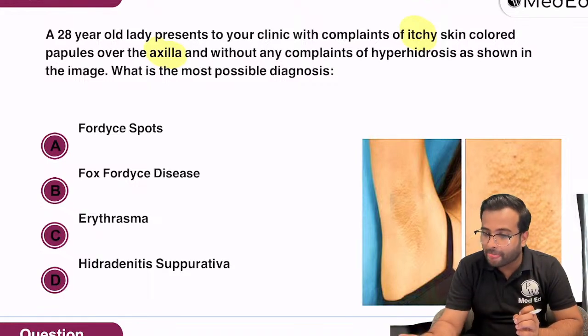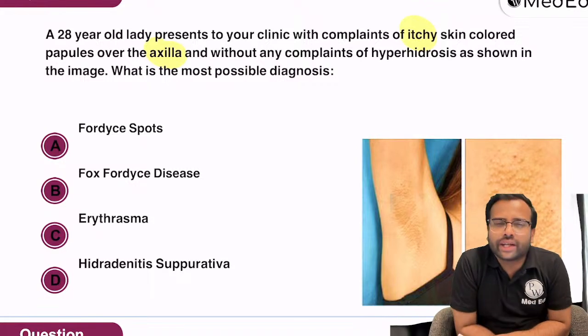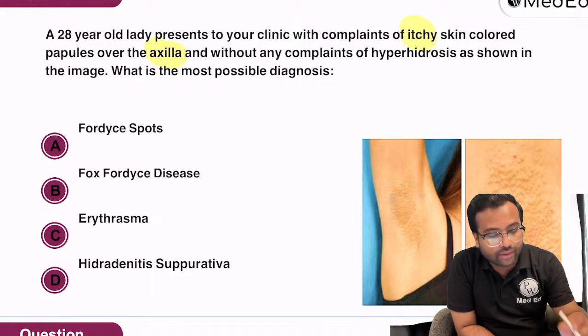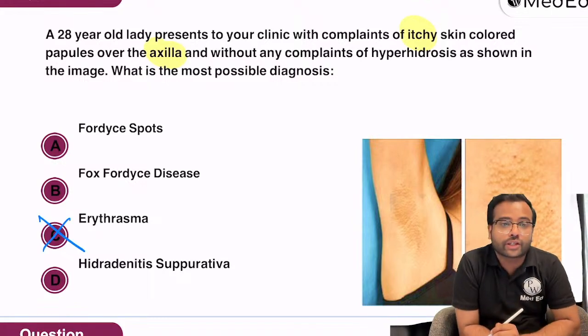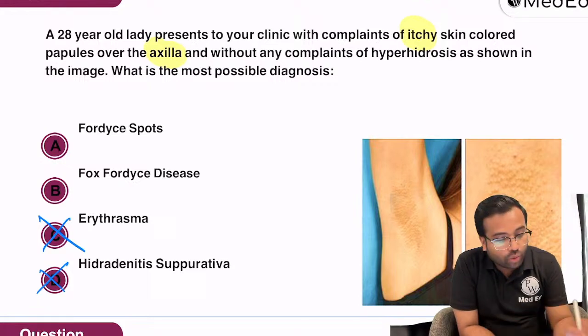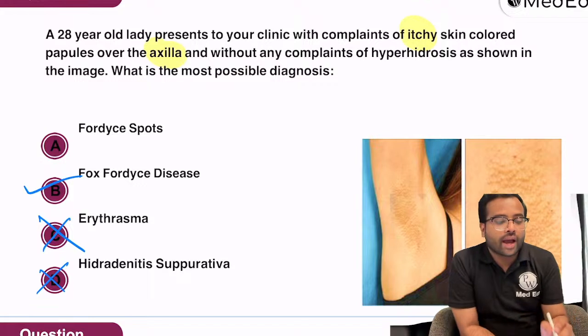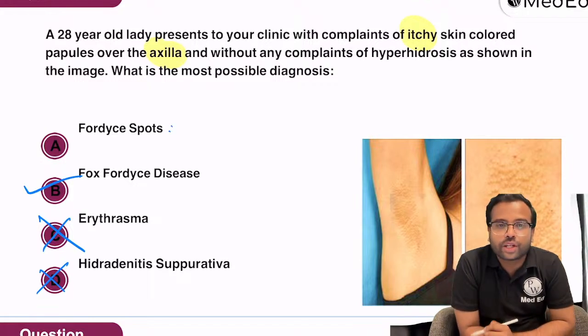Who can answer? Because I can see multiple answers now. Let me see who is getting confused here because of Fordyce and Fox Fordyce. Chalo, let us rule out erythrasma, because erythrasma doesn't present like this. Neither is it hidradenitis suppurativa. So most of you are answering Fox Fordyce, which is the right answer here. Okay, and then why is Fordyce given? Just to confuse you.